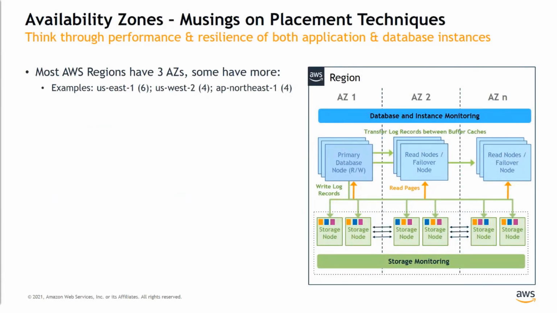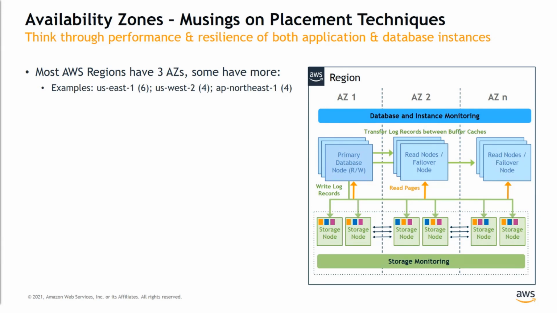So let's think a little bit now about placements, right? If you think about AWS regions, really all of them have at least 3 availability zones. Some have more, right? US East 1 has 6, US West 2 has 4, AP Northeast 1 in Tokyo has 4. And that will probably grow.